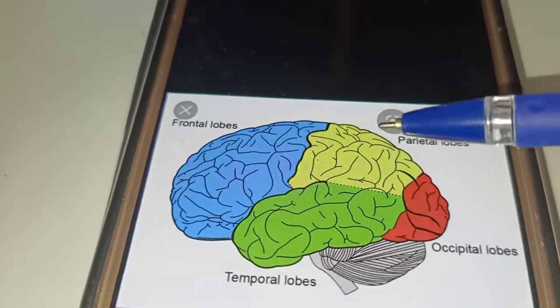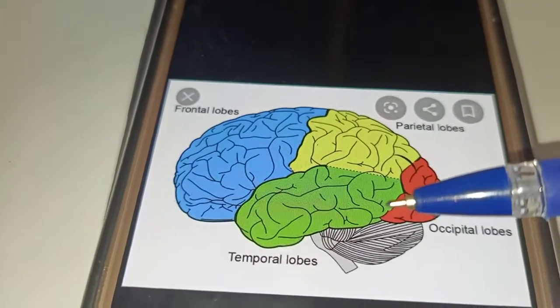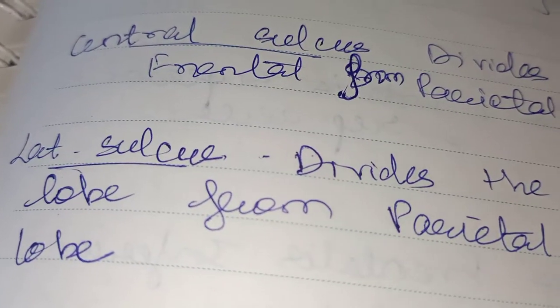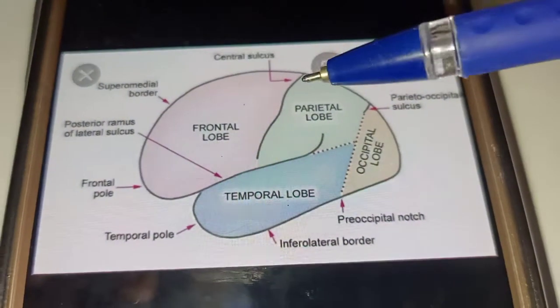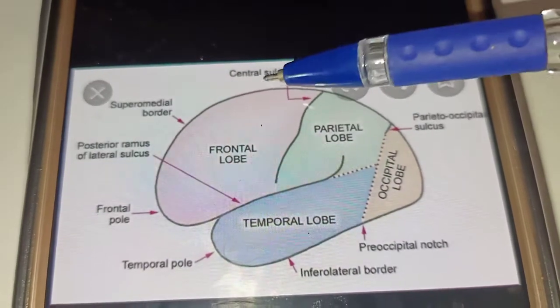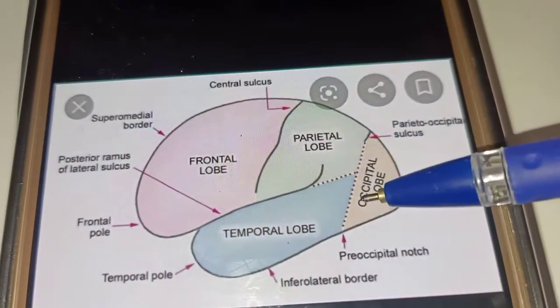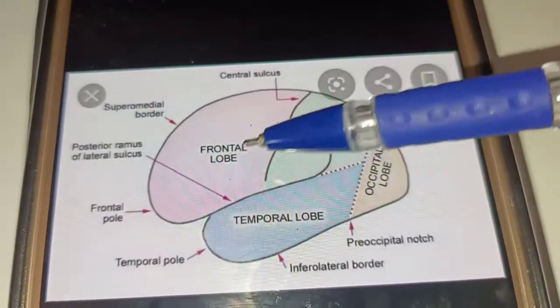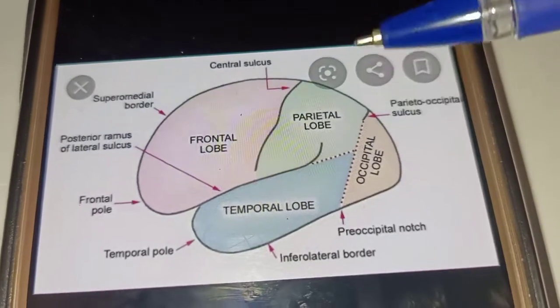Clear? So the superolateral surface of the cerebrum has three sulci: the central sulcus, the lateral sulcus, and the parieto-occipital sulcus. The central sulcus divides the frontal lobe from the parietal lobe.